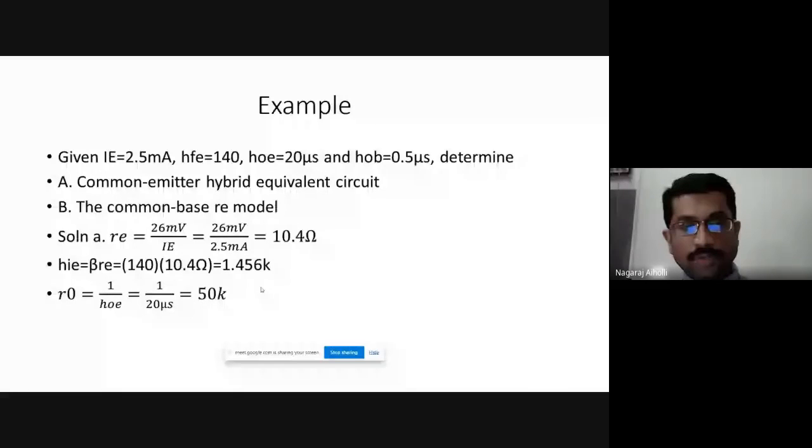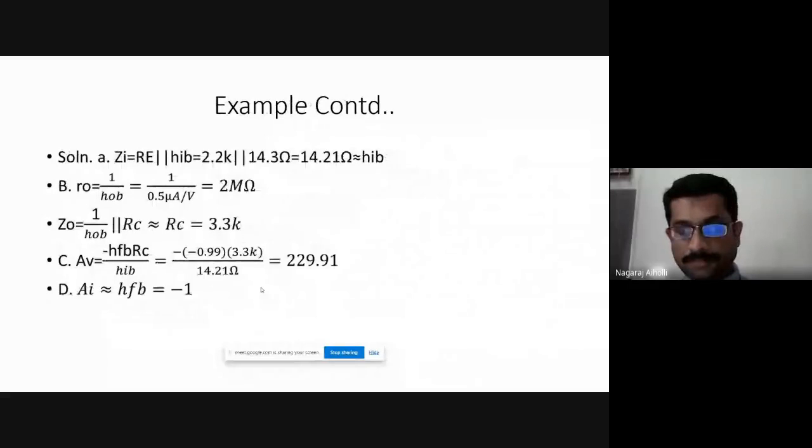1 upon 20 microsiemens. What is the answer? R naught value? Yes, what is the answer?